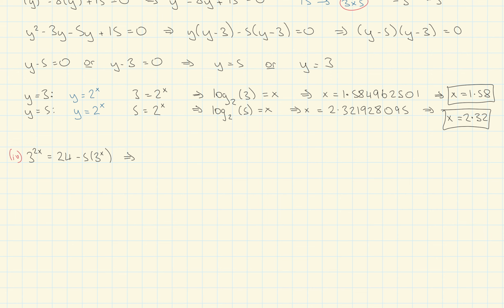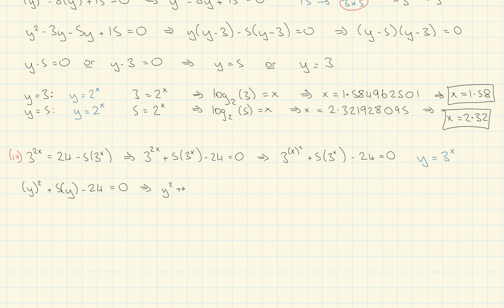First thing I'll do is get everything on the one side, and I'll rewrite my first term. So I'm going to let y equal 3 to the power of x, and I get y squared plus 5 times y minus 24 equals 0. Just tidy up.